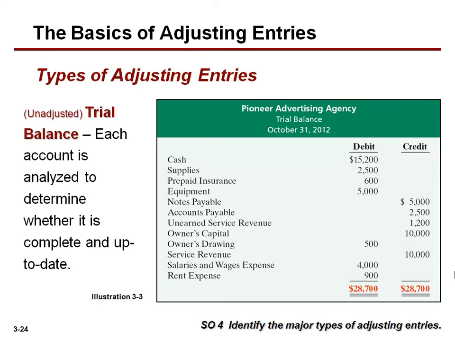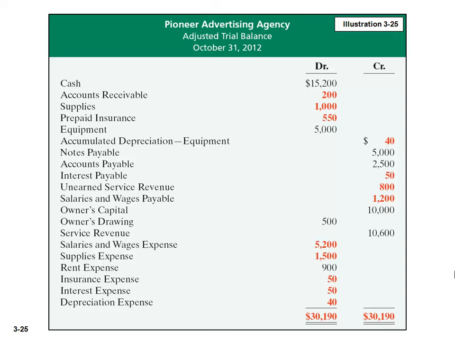This next slide shows us that refreshed condition. We can see all the accounts in red have been adjusted during our period end closing process in effect. All the figures in red have been adjusted during our period end adjustment period.